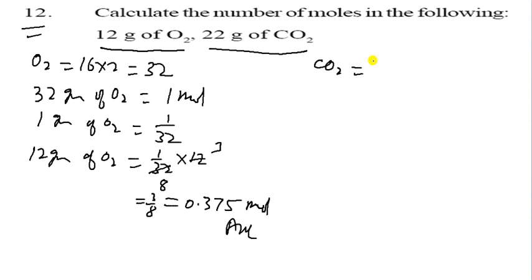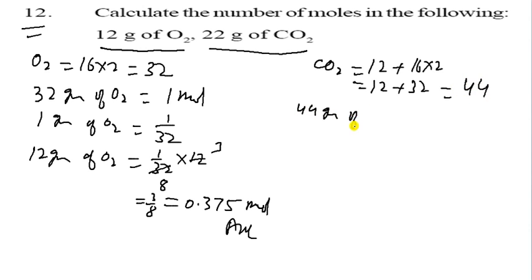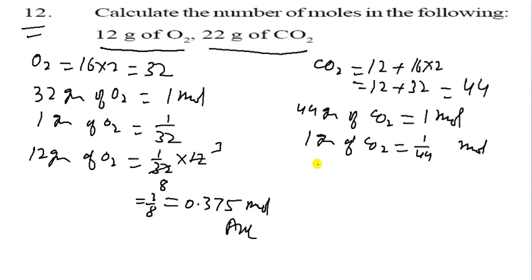Now come to the 22 gram of CO2. So CO2, that is 12 plus 16 into 2. So it becomes 12 plus 32. So that is 44. So 44 gram of CO2 will be equal to 1 mole. So 1 gram of CO2 is equal to 1 upon 44 mole.